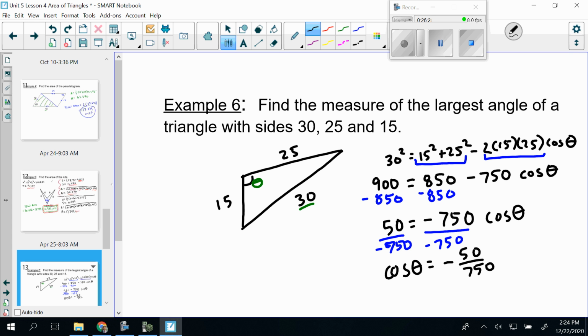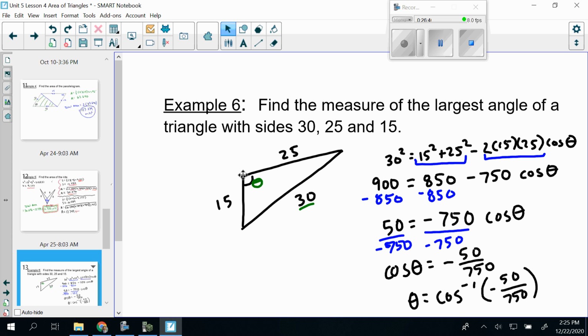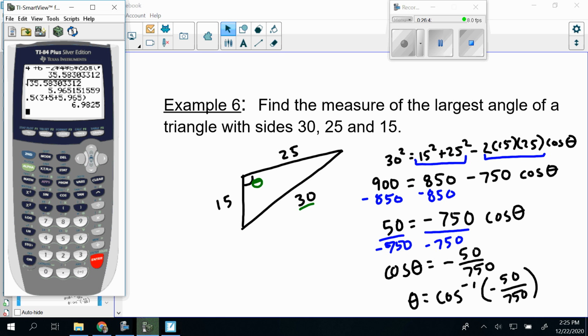And then final step, if we can't type in cosine of our angle, we got to move it to the other side and do inverse. So in our calculators, if we type this out, it should tell us what our angle is there. So go on your calculator, start by doing inverse cosine, and then type in negative 50 over 750, and we get our angle.